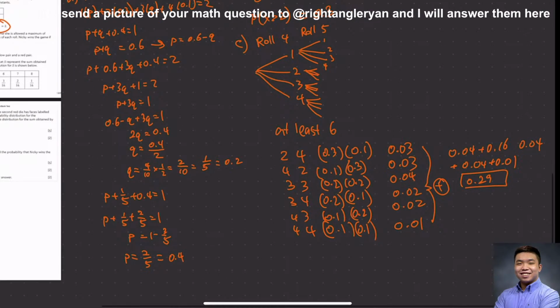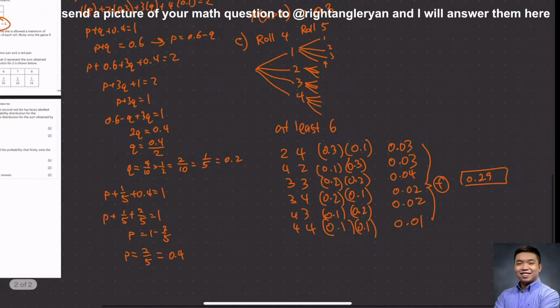If you add them all up, 3 plus 3 is 6, 6 plus 4 is 10, 10 plus 2 is 12, 12 plus 2 is 14, 14 plus 1 is 15. That's why this is 0.15. Now it matches the mark scheme.